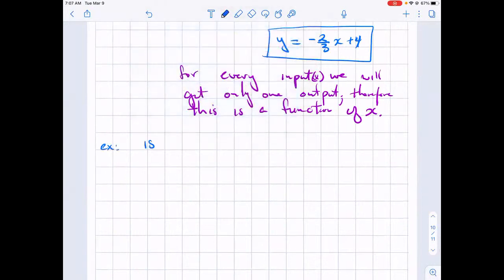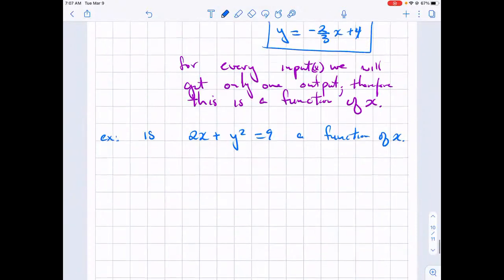Is 2x plus y squared equals 9 a function of x? Now, very important, right? When we say function of x, you have to try to solve for y. You have to leave y by itself.